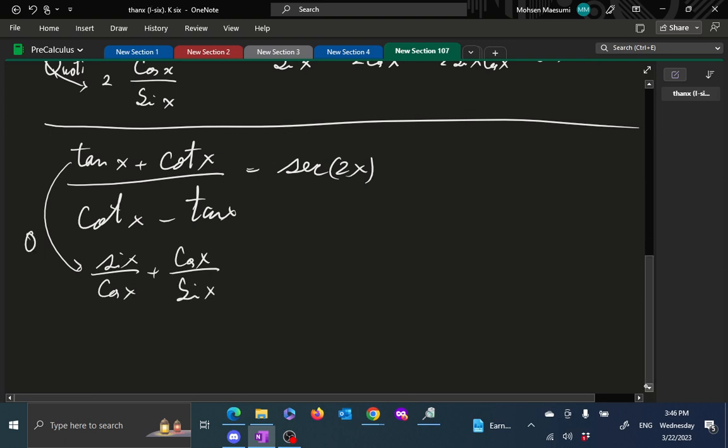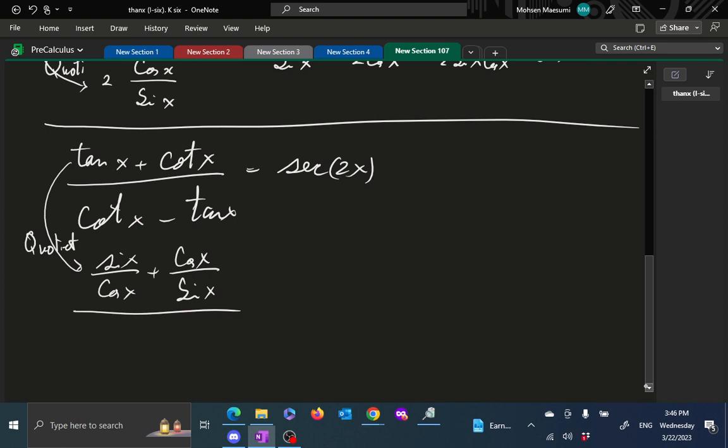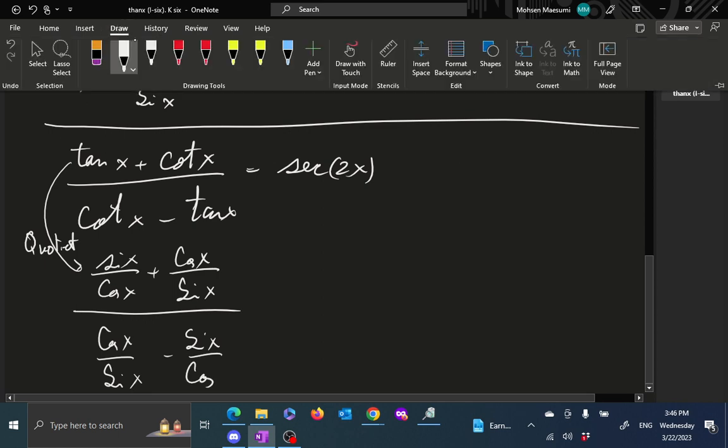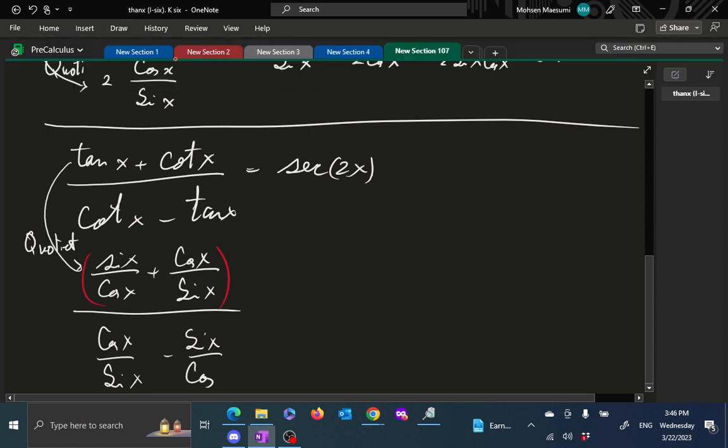So these are quotients. Denominator: cosine over sine minus sine over cosine. Now take everything and multiply by the common denominator, which is sine x cosine x. This is just algebra.